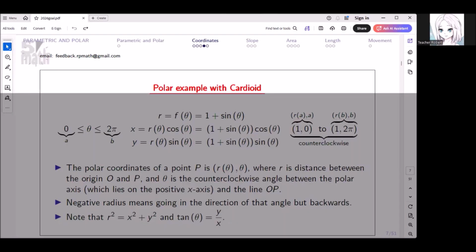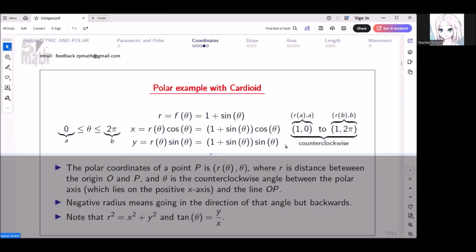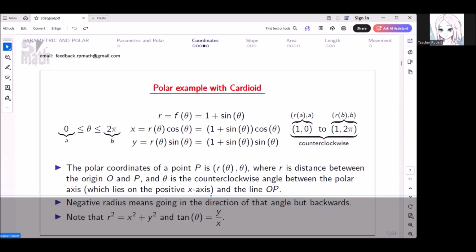Polar example with cardioid. The polar coordinates of a point P is r of theta, theta, where r is the distance between the origin O and P, and theta is the counterclockwise angle between the polar axis, which lies on the positive x-axis, and the line OP.